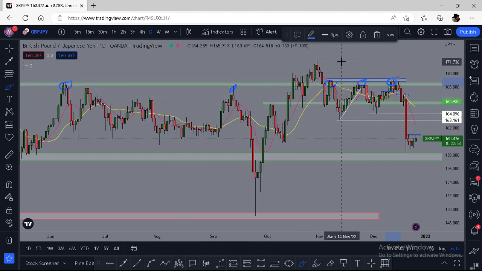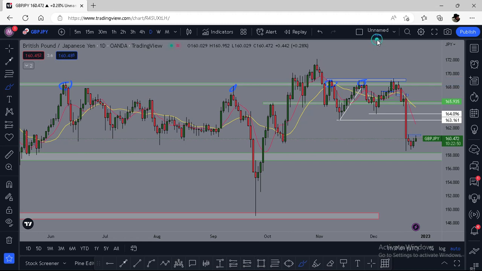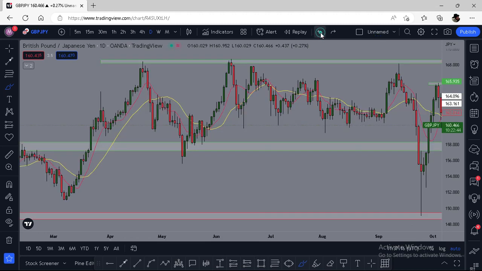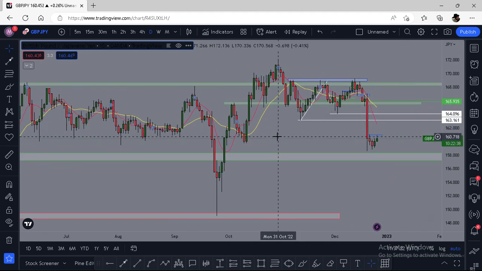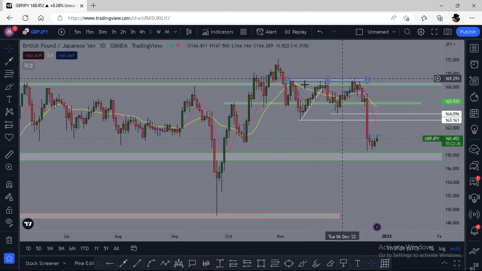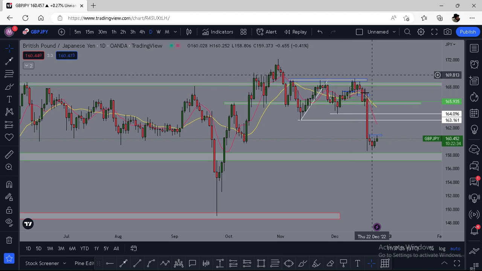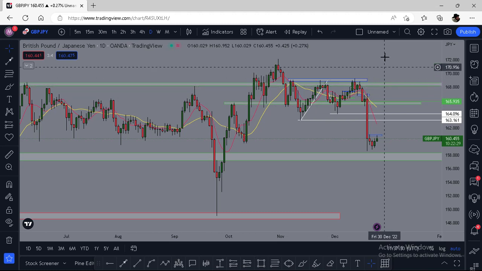So this area was very strong. That indicated that sellers are more powerful than buyers. The buyers failed to break this area or to push the price up.